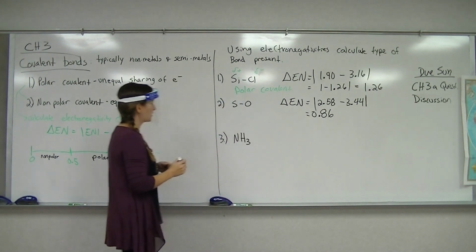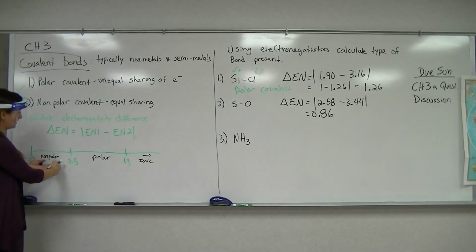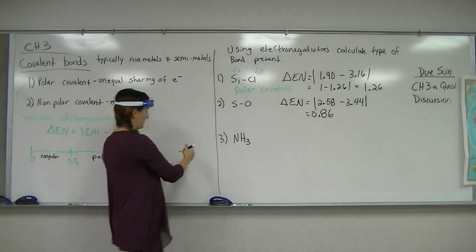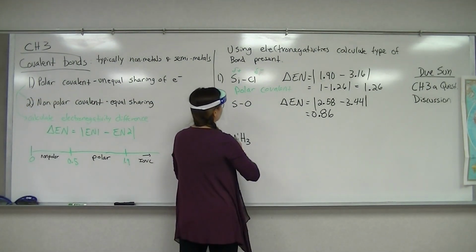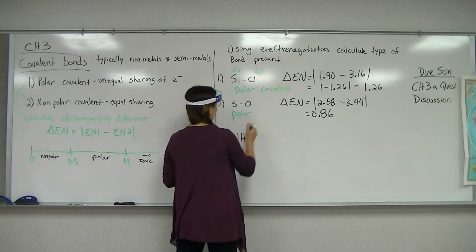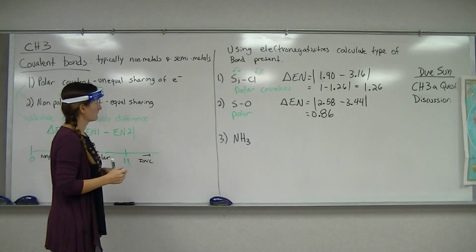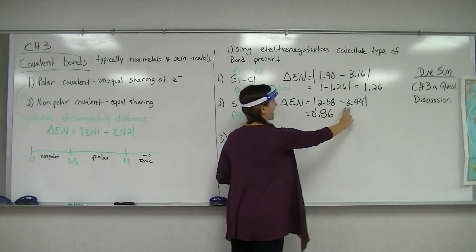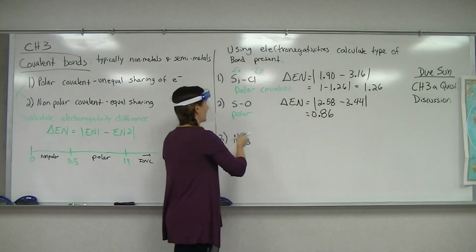Okay. So looking at the table again, 0.5 and above is polar, so 0.86 would mean this is a polar bond. So the oxygen would be the delta negative since it's higher. Oxygen has a higher electronegativity. It wants those electrons more.